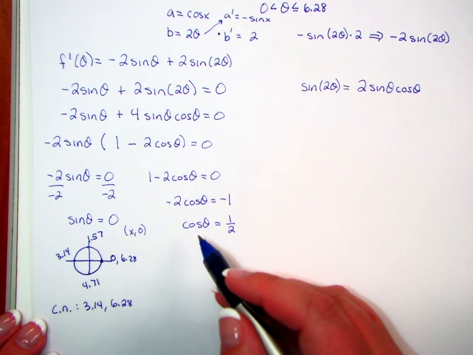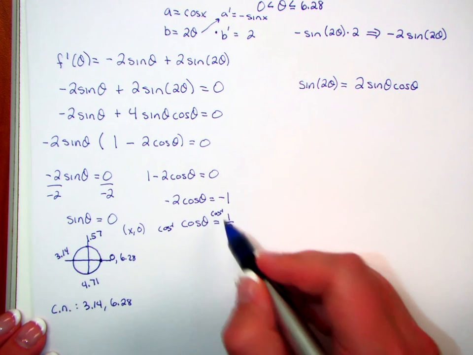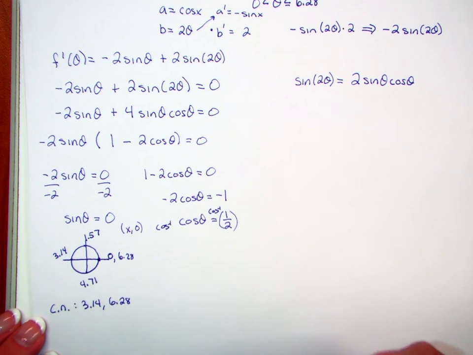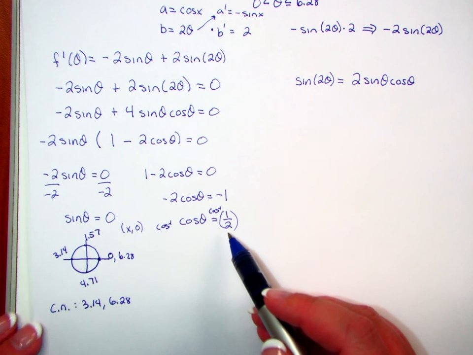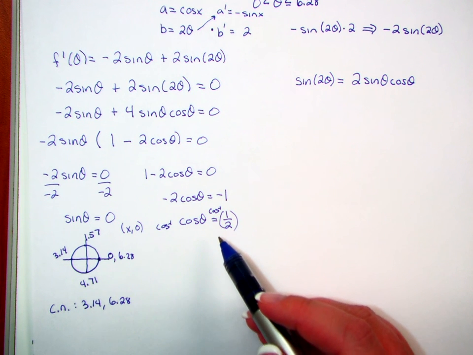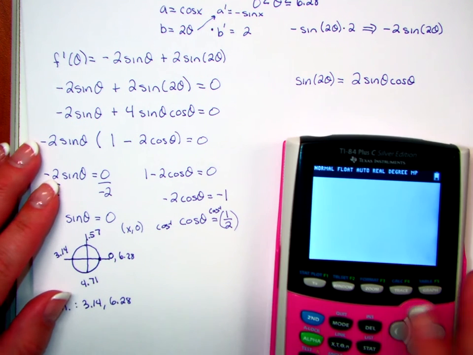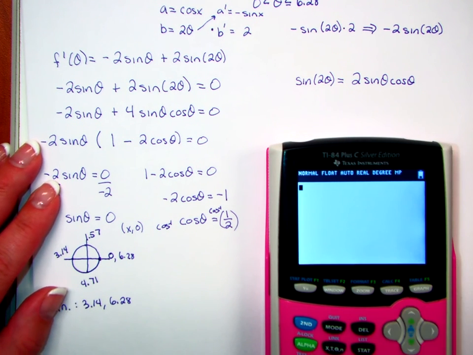So if I were to cosine inverse both sides here, and I do cosine inverse of 1/2, the calculator is only going to give me one solution, but there are indeed 2, and I'm going to try and explain to you how to find the second one. So first, though, I want to make sure that my calculator is in radian mode, and it is not.